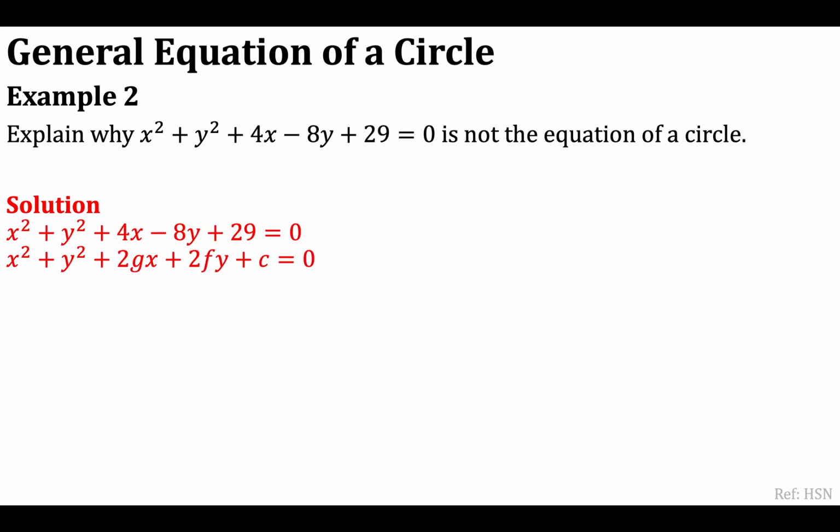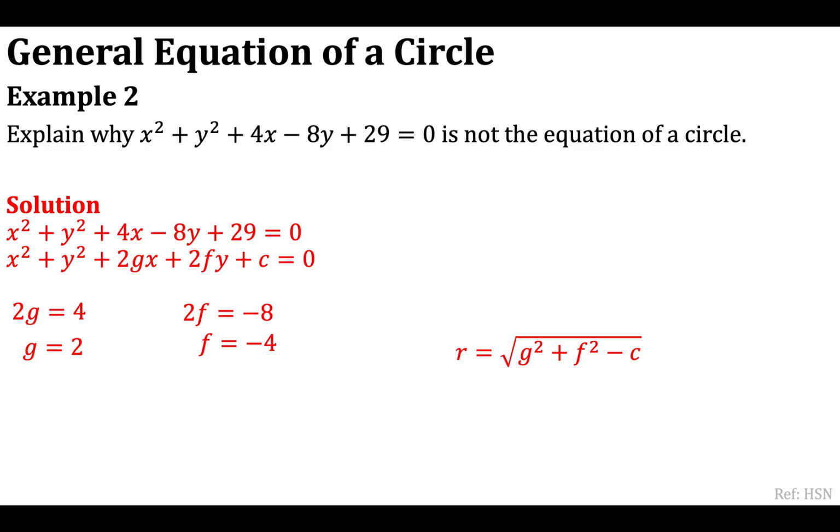So let's compare coefficients here so that we get values for g, f and c. So 2g we can see is equal to 4, that's the coefficient of the x term, and g therefore is equal to 2. 2f is equal to negative 8, and f therefore is equal to negative 4.